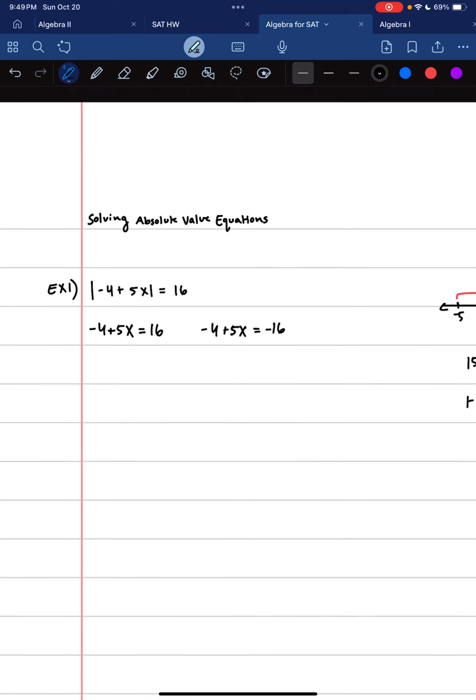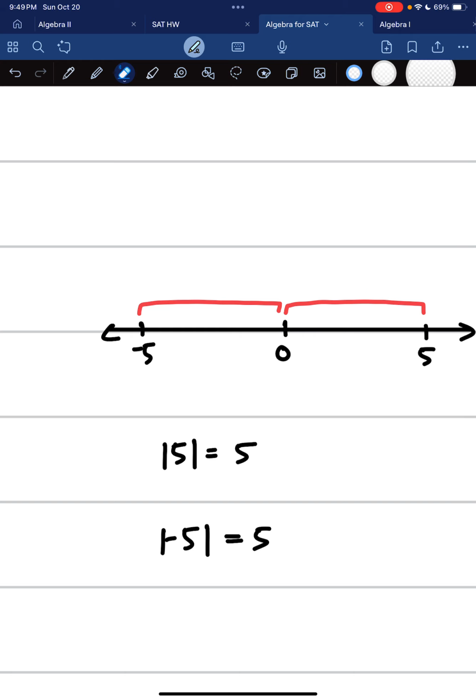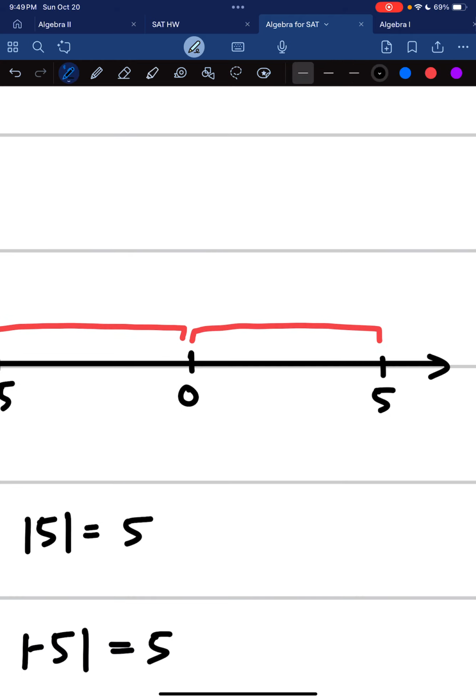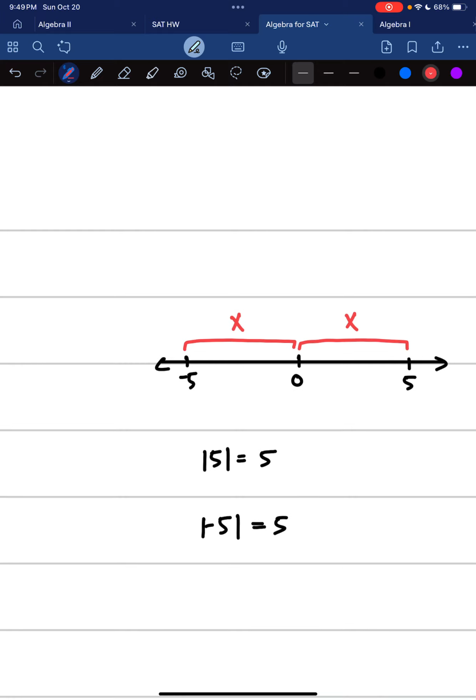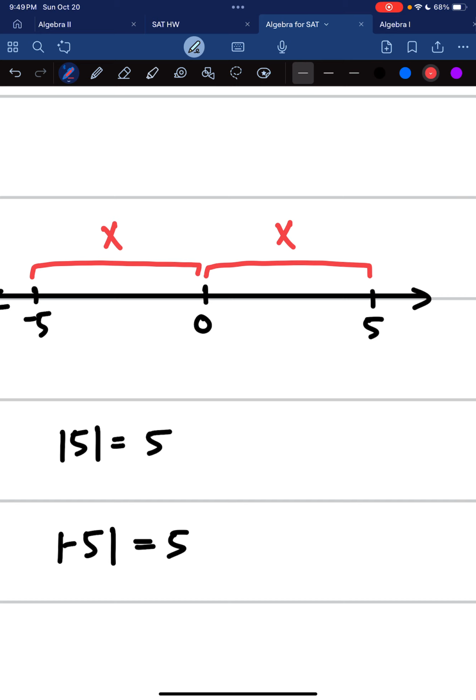The reason why we're doing that is because let's say that we don't know what this distance is. Let's say that this distance is x. Notice how the distance x could be the distance from 0 to 5 or from 0 to negative 5, right?